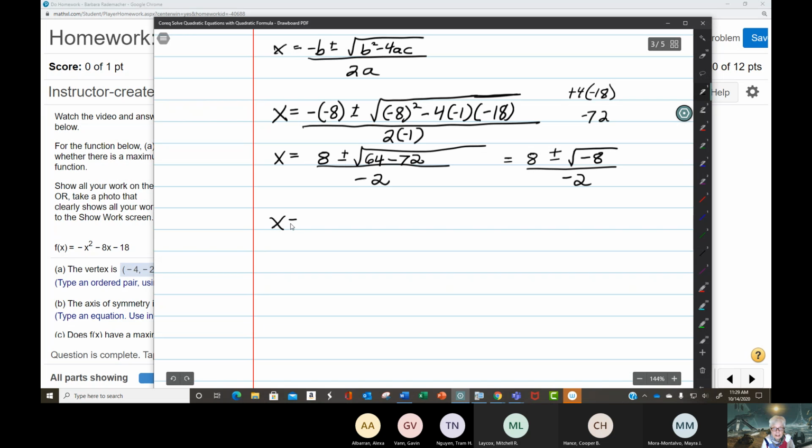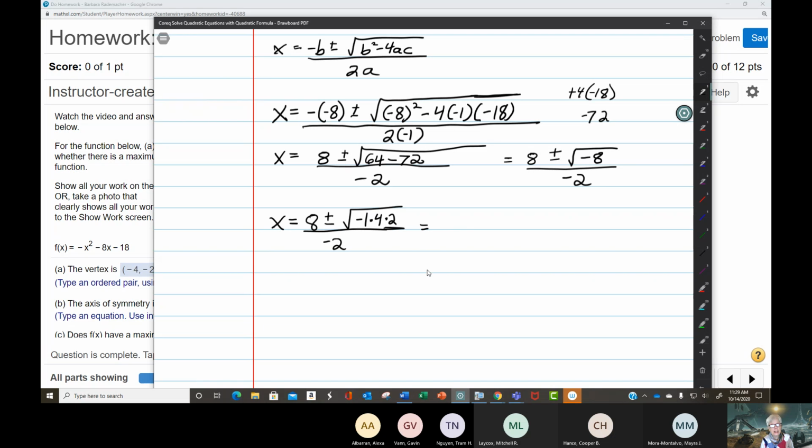So x equals 8 plus or minus, over negative 2, the square root of negative 1 times 4 times 2. That's called simplifying a radical, and we talked about that when we talked about radicals.